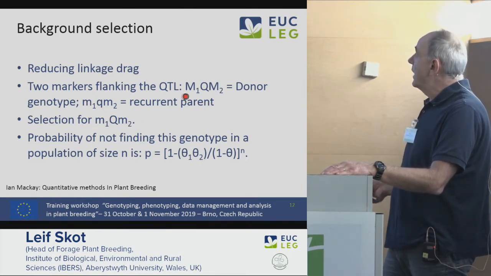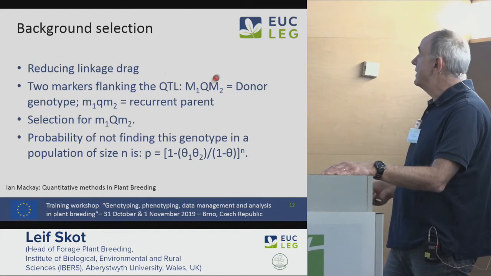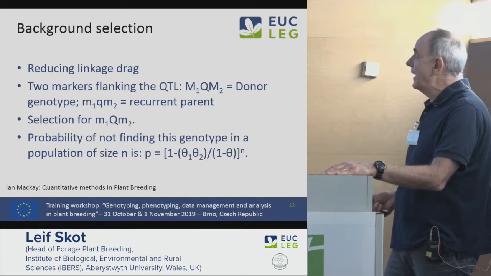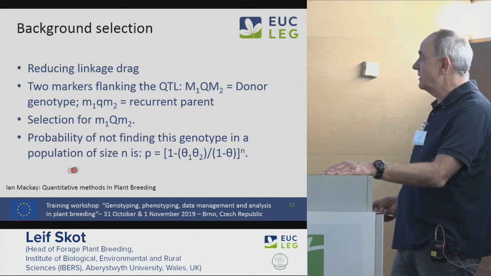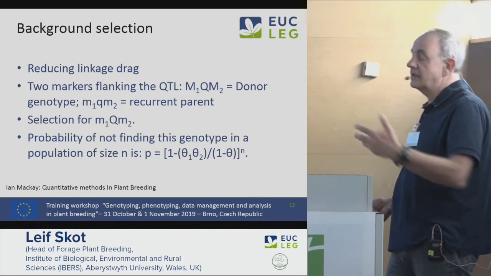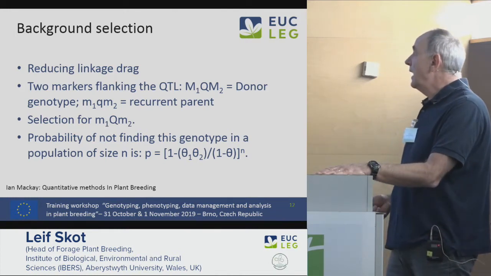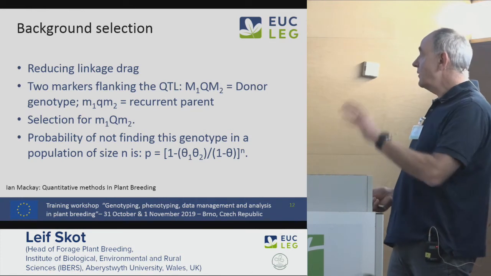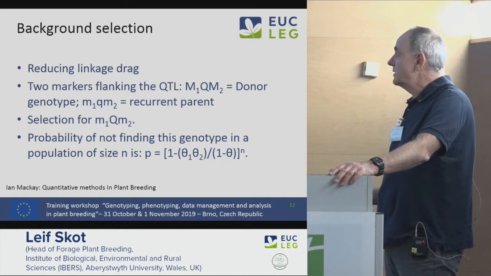So if you have two markers flanking the QTL of interest, and the donor genotype is this, and the recurrent parent is this, so you want to select for this, and then the probability of not finding this genotype in a population of size n is that. So again you can calculate, based on recombination frequency and the risk you want to run, how big your population size needs to be.